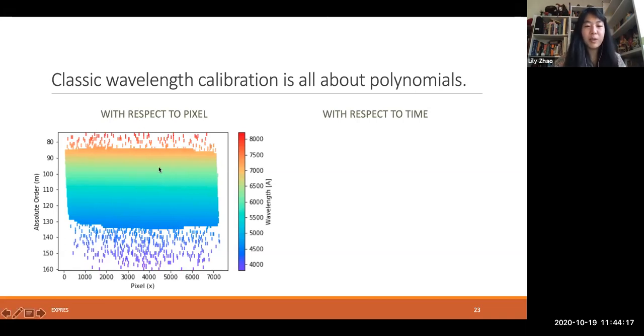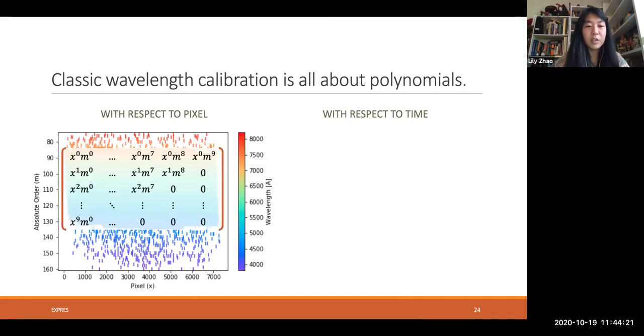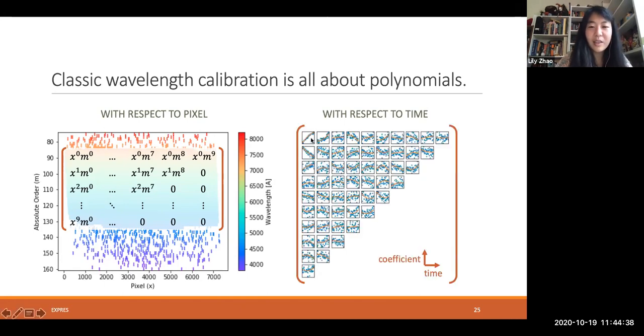So first, with respect to pixel, what you would do is you would fit this function to a 2D polynomial in terms of x and m, which is our fill-in for y, in terms of the wavelength, so z on the z-axis. And then what you would do is you would take the coefficient of each of these terms in the 2D polynomial, you would plot that with respect to time, and then fit that curve to another polynomial.